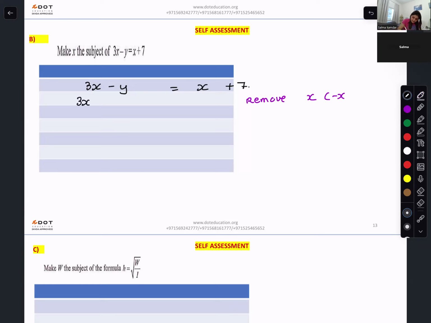So this will become 3x minus x minus y is equal to 7. Then I can add y on both the sides. So 3x minus x gives me 2x. If I'm adding y, this minus y and plus y would go away. So this will become 7 plus y. Divide by 2.